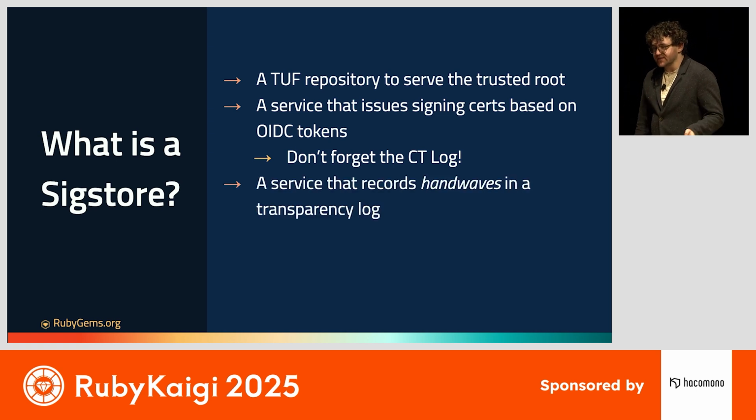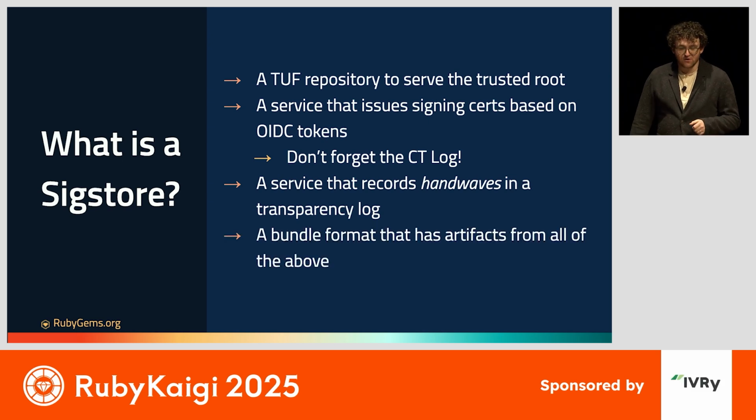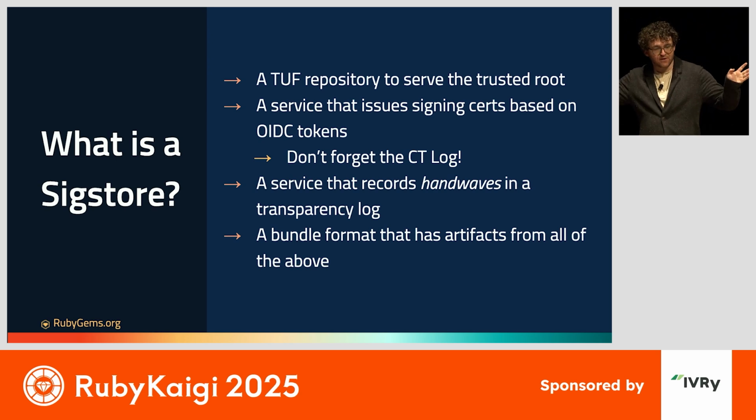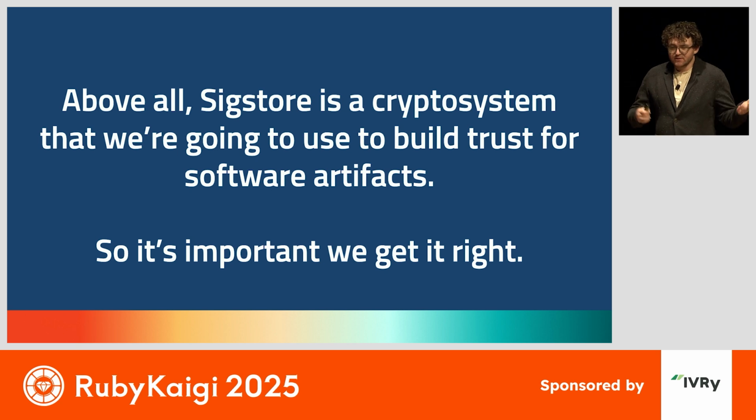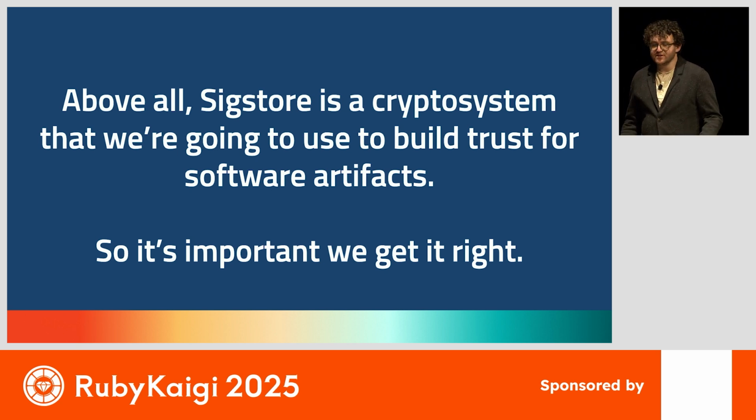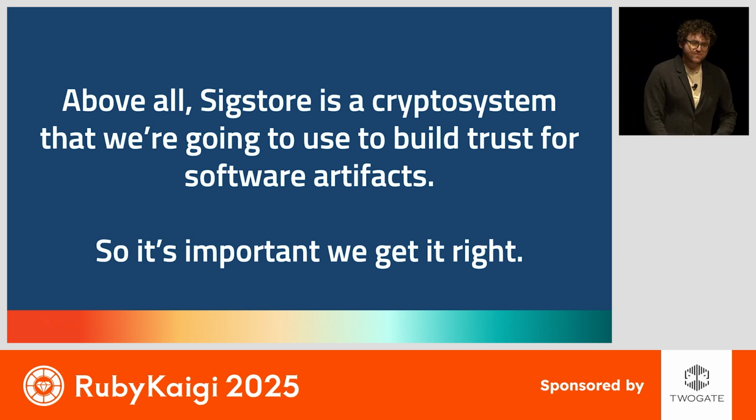There's a service that records stuff in a transparency log. And there's a bundle format that has artifacts from all of the above that you can show to people, and they can do the cryptographic verification thing. Above all, sigstore is a crypto system that we're going to use to build trust for software artifacts. Super serious stuff. So it's important we get it right.